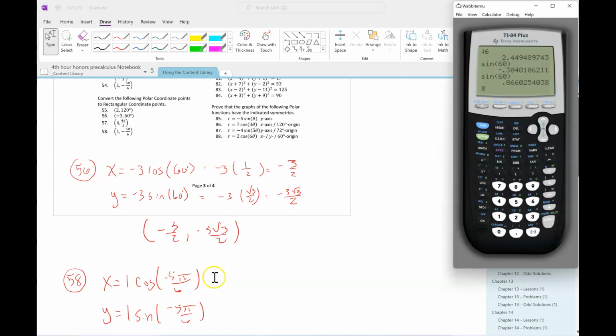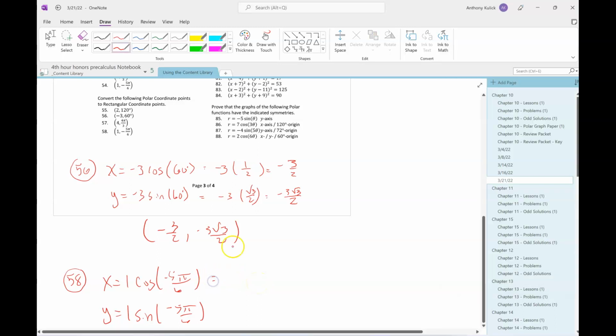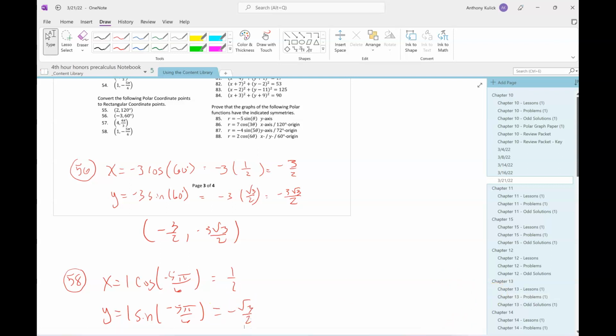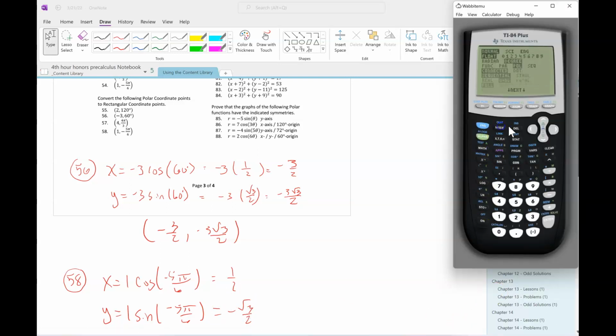So that is just going to be 1/2, and this one will be negative square root 3 over 2. Or if you wanted to do it on your calculator, if you turn that back into radian mode, you do cosine of negative 5 pi divided by 6.